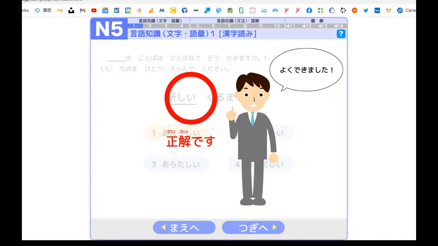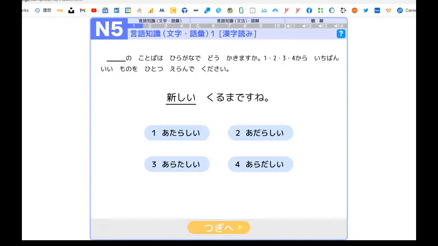So let me explain a little bit. This question was asking if you understand clearly about the vocabulary 新しい. The correct one is the first one, and the second one sounds a little different, right?